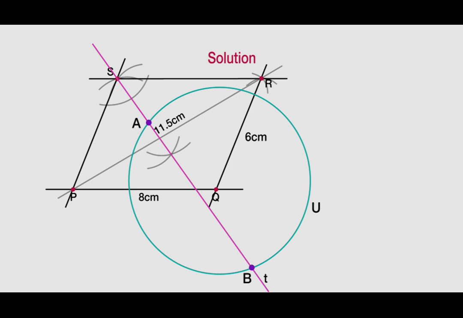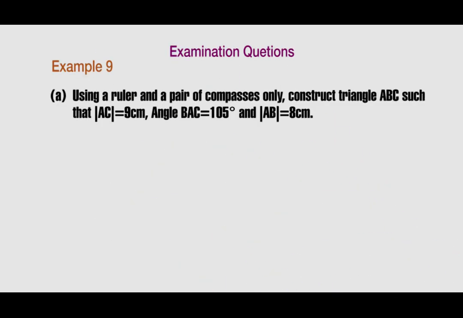Good. I hope you were able to come along with me. Example 9. Using a ruler and a pair of compasses only, construct triangle ABC such that the length AC is equal to 9 centimeters, angle BAC is equal to 105 degrees, and the length AB is equal to 8 centimeters.